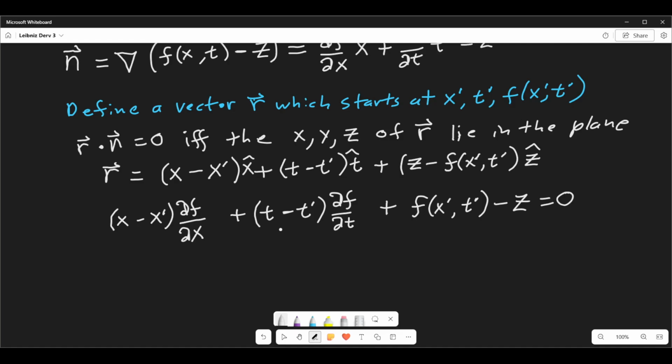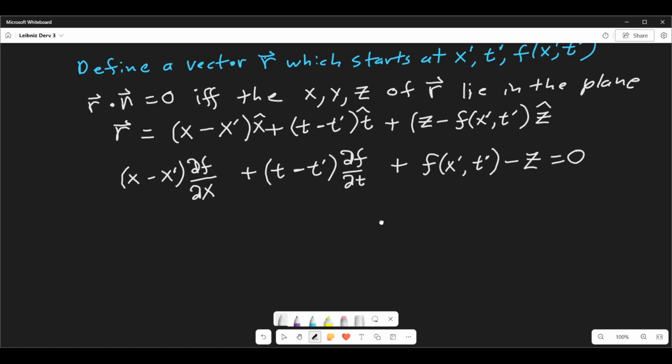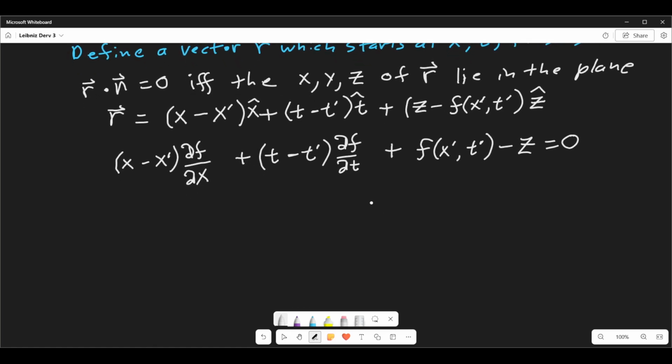So I'm going to basically solve for z, which, remember, was defined as f of x comma t.